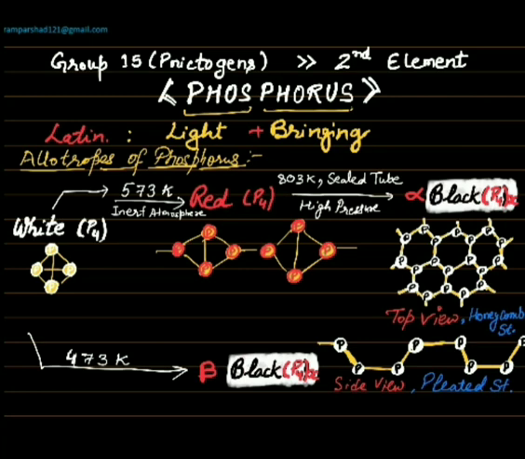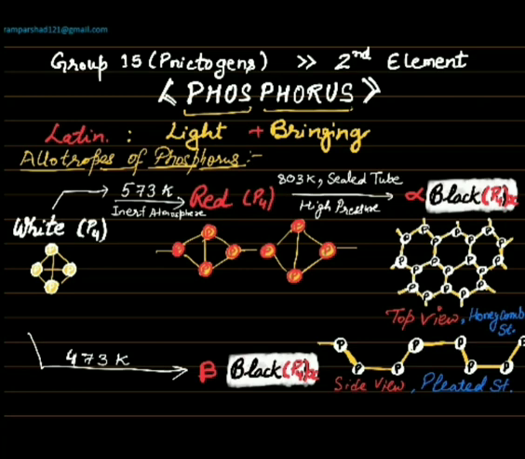The black phosphorus that we derive from the red phosphorus is called alpha black phosphorus. It has honeycomb-like structures like that of graphite. But the main point to remember here is that it is not a good conductor of electricity like graphite.